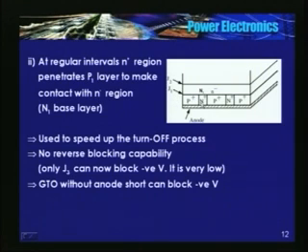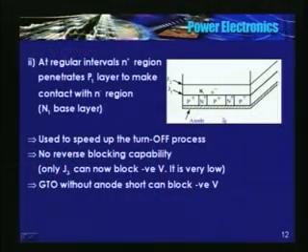Now, because of this N plus, which is directly in contact with the anode and N1, J1 cannot block the negative voltage. The only junction that can block the negative voltage is J3. Now, its reverse voltage blocking capability is very small.